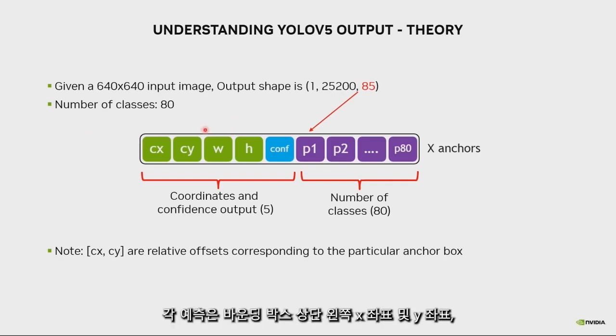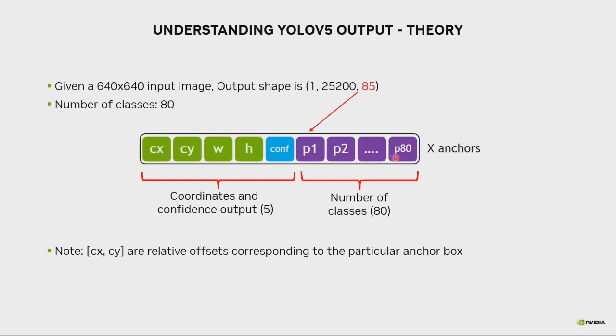Each prediction consists of the bounding box top left x coordinate and y coordinate, bounding box width and height, the confidence score, and the object category. But instead of a single number, the object category is represented as a list of probabilities. Probability of the object belonging to category 1, this is the probability of it belonging to category 2, and so on, up to the total number of categories the model has been trained to detect.